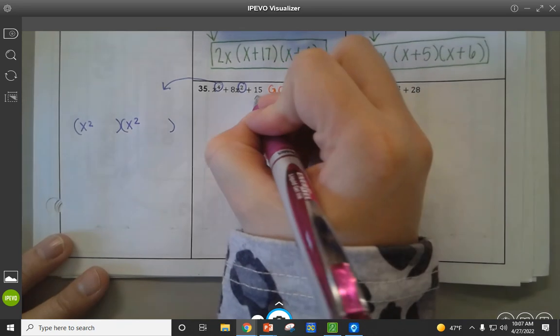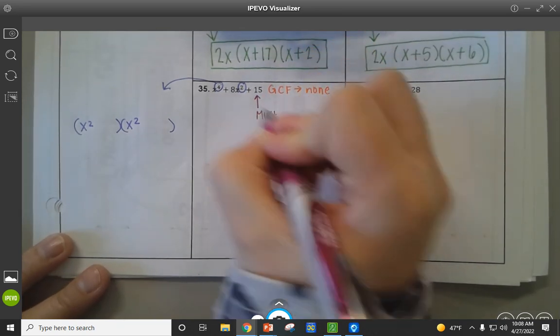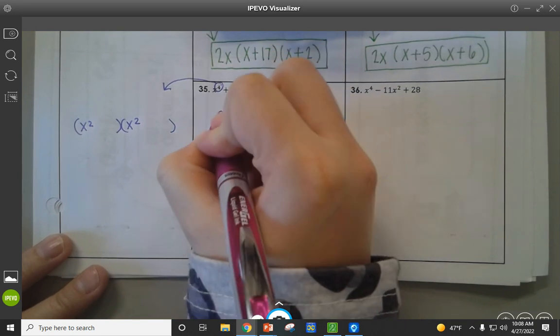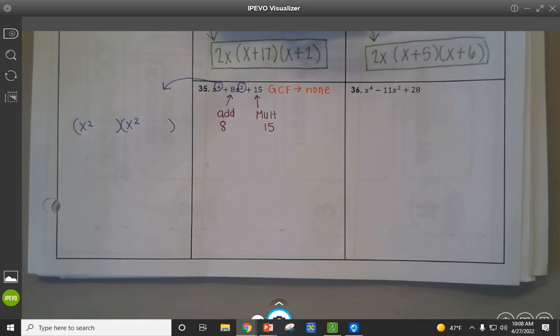So we need two numbers that multiply to be 15 and add to be 8. Don't call those two numbers out when you get them, but see if you can figure them out yourself. Who has them?